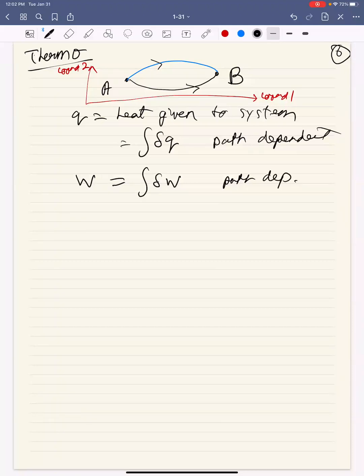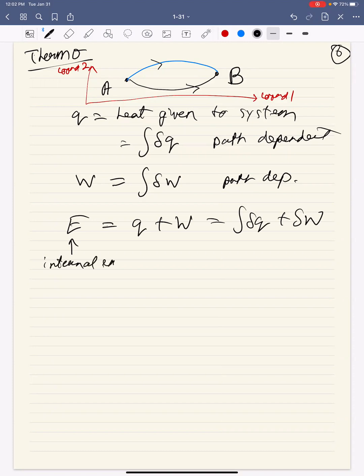The amazing thing though, is that their sum is not path dependent. That is a state function, okay? That is known as the, what is it known as? Internal energy. It is a sum of kinetic and potential energy, okay? Internal energy is not the same as only potential energy.